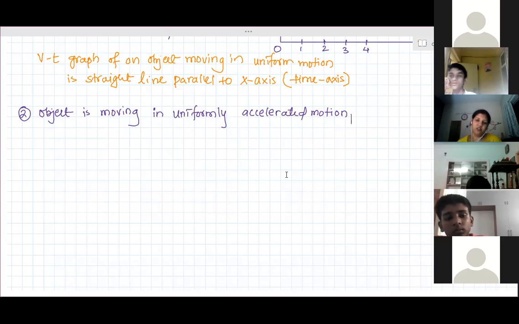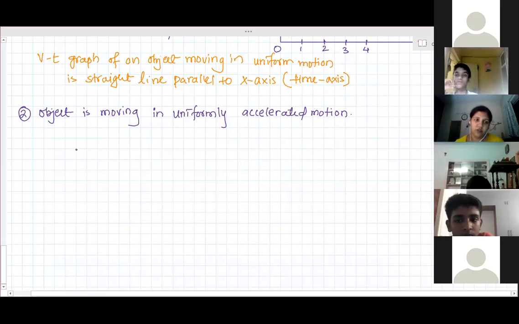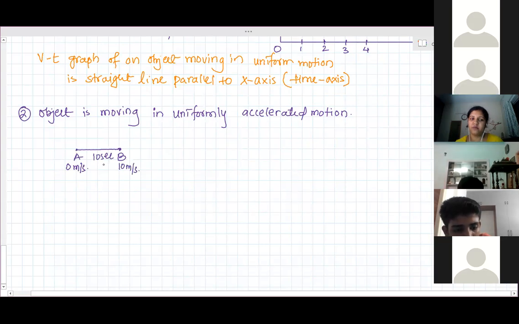For example, the object moves from A to B. Initially it started moving from 0 meter per second. In 10 seconds, it reaches from A to B and its speed increases from 0 to 10 meter per second.